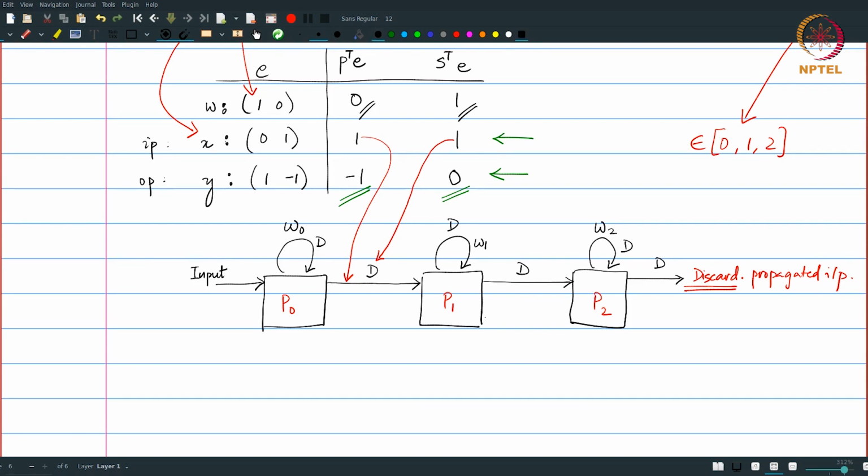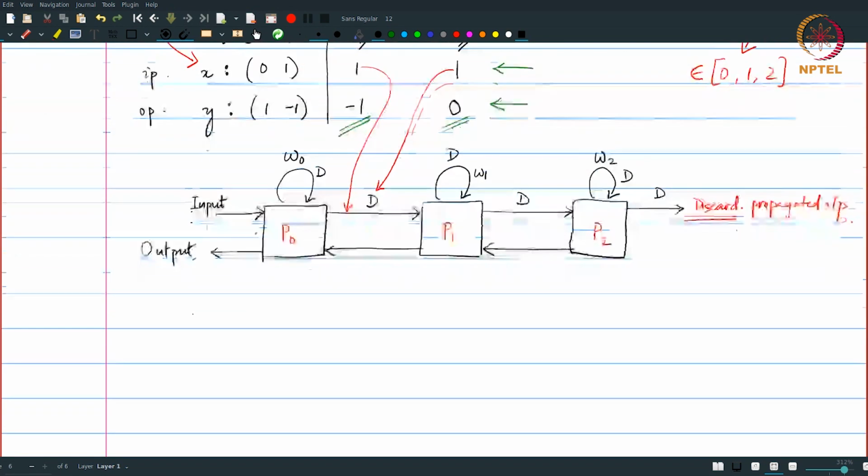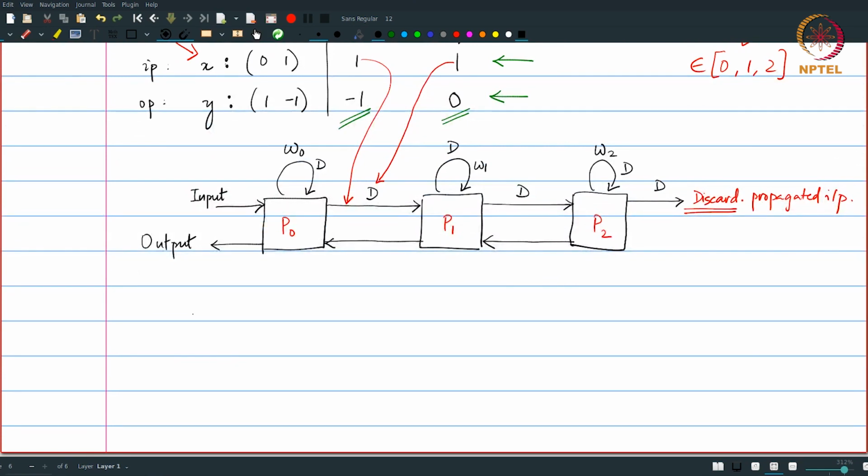If I draw it, it would look something like this. And I would have these leftward edges that are going from P2 to P1, P1 to P0, and from P0 to output. Okay. Does this correspond to a physical architecture that we are probably already familiar with?